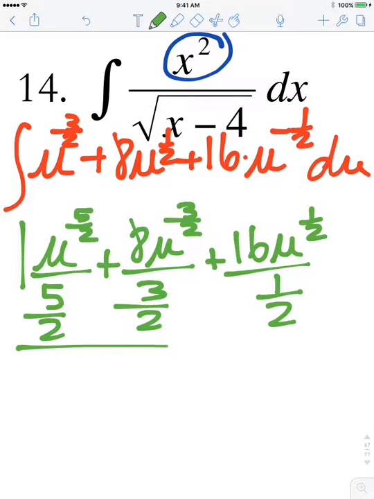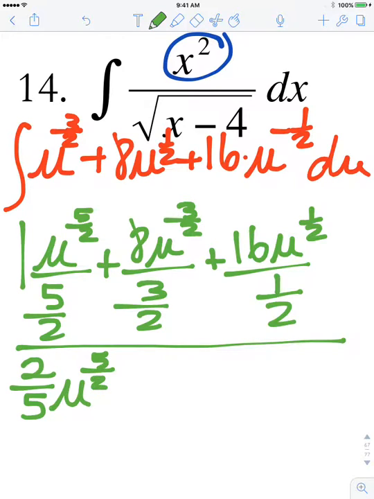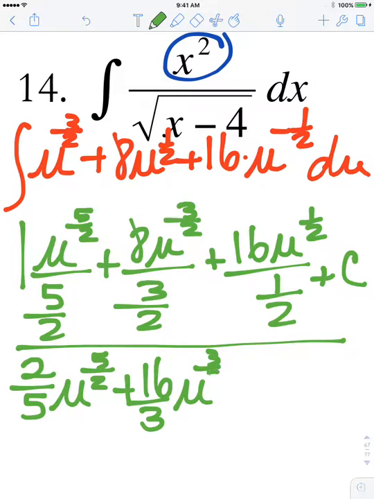So this ends up being 2/5 u to the 5/2. I should put a plus c here. Okay, and let's see, 2/3 times 8, that's just 16/3. So plus 16/3 u to the 3/2. And 16 divided by 1/2 is 32 u to the 1/2 plus c.